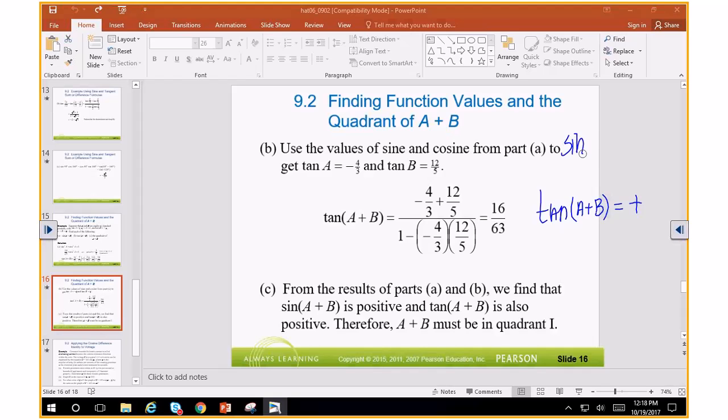Sine of A plus B came out positive, wasn't it 16 over 65 or something like that? So we've got two positives. If the sine of A plus B is positive and the tangent of A plus B is positive, there's only one quadrant it could be in, and that's the first quadrant.